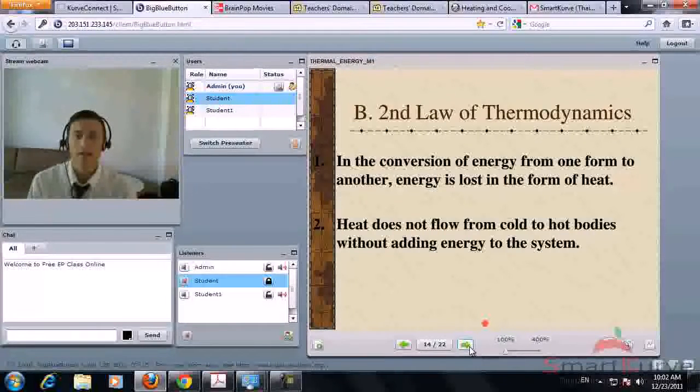If you have that MP3 player or the cell phone, it cannot convert all of the chemical energy in the battery to light energy. I'll give you an example. I think most of you understand that when you have a laptop computer with a battery and you are using it, let's say you're on Facebook, you use it for an hour, you'll notice that the battery is very hot.